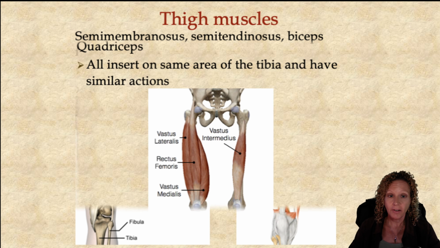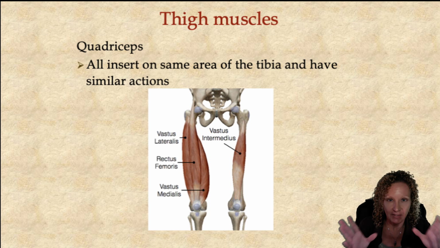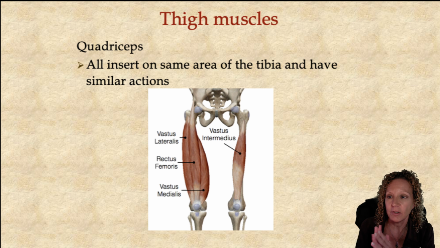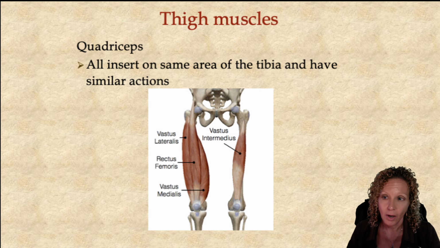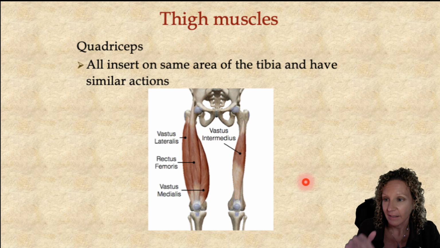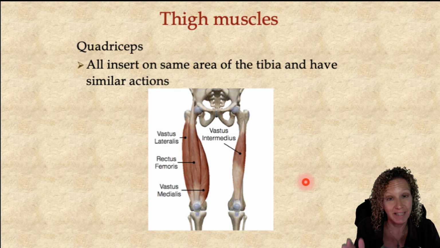So there are some other kinds of actions, but even for the ones where I'm just having you learn one action, taking a look at these kinds of images, or just looking at it on the cat, you can get a sense of what it does. Like the quadriceps here, we learned all of those: the vastus intermedius, medialis, lateralis, and then the rectus femoris, rectus meaning straight again there.